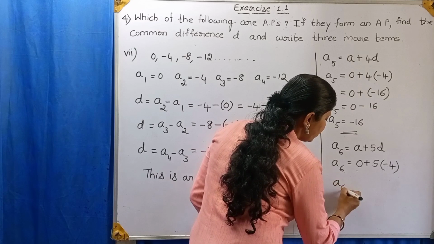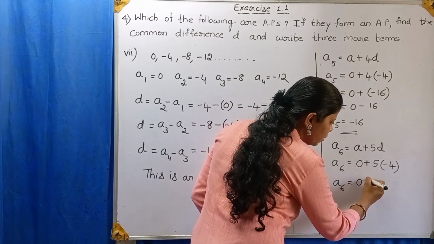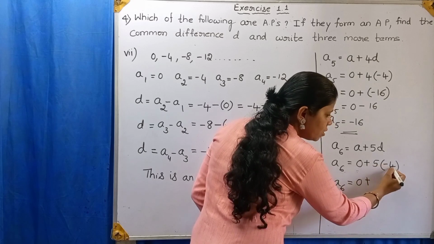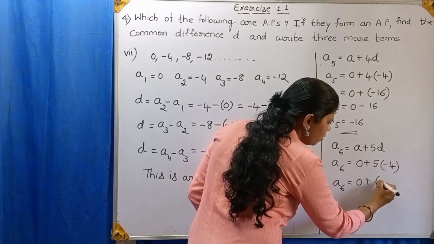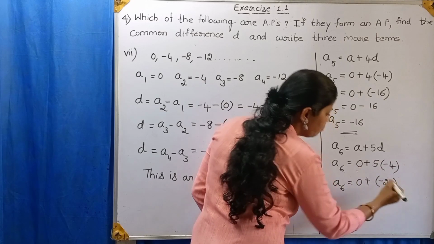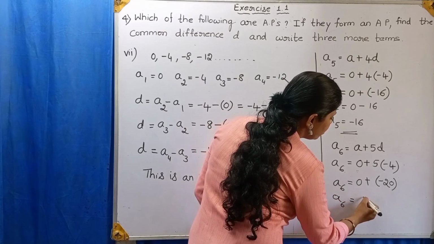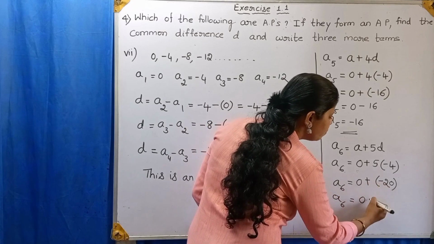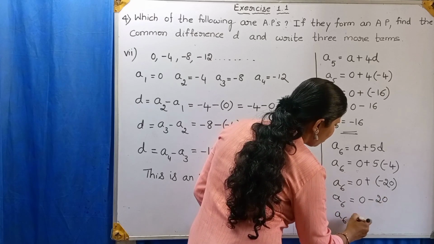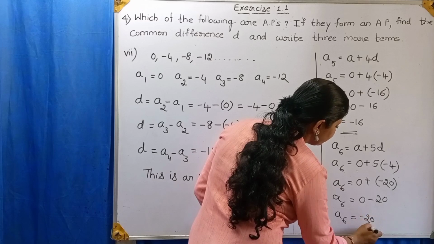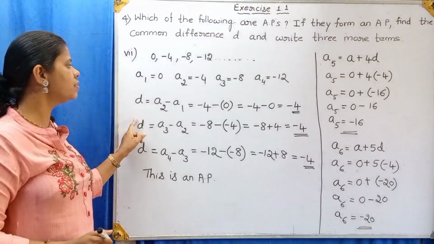Now, A6 is equal to 0 plus 5 4s are 20, but plus into minus is minus. Therefore, let me take it in the bracket. Then, A6 is equal to 0 plus into minus is minus 20. Therefore, A6 is minus 20.